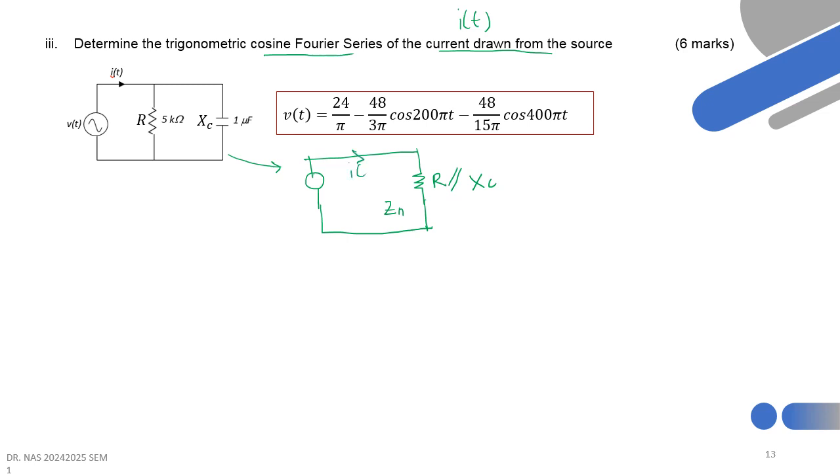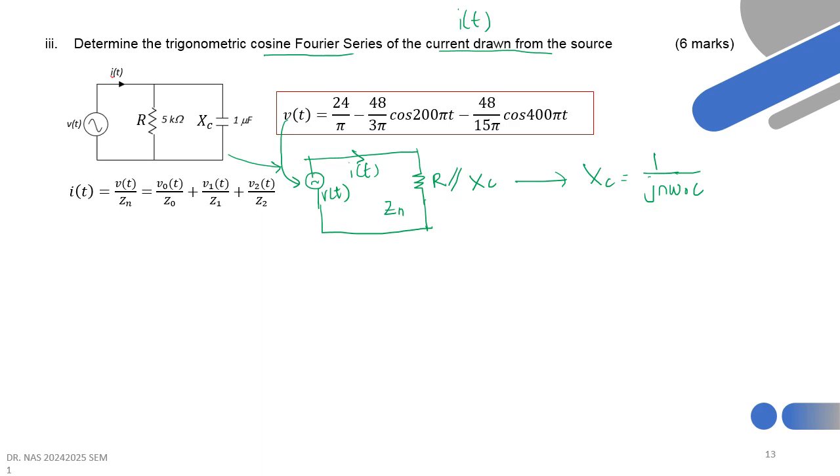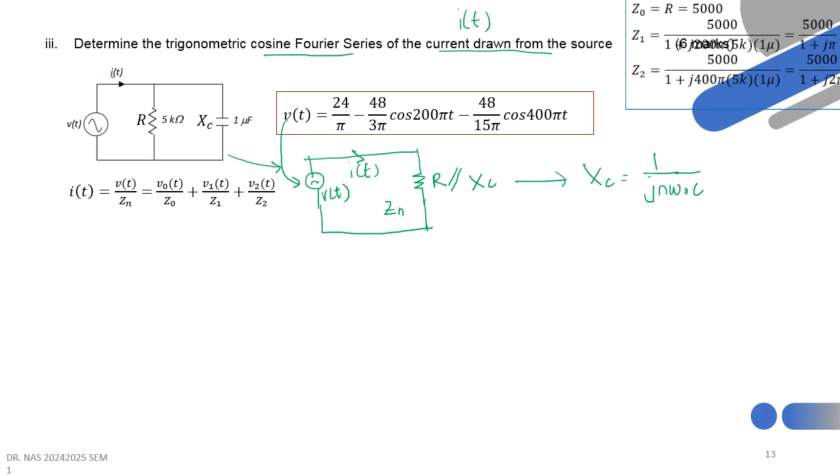So this is your IT and this is the source Vt. Okay, so don't forget XC is equal to 1 over j n omega naught C. Okay, so to calculate I, you need to divide the Vt with the total impedance.